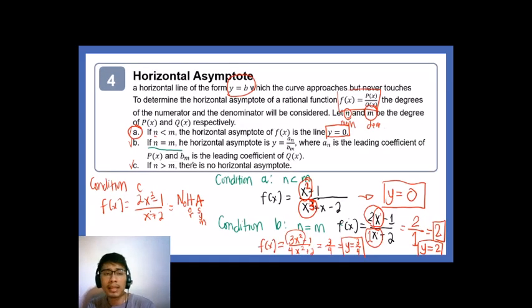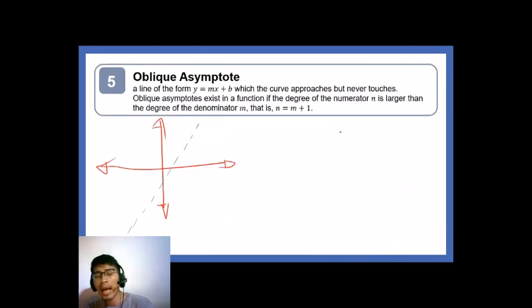As I presented to you earlier, there is a possibility that we don't have a horizontal asymptote. If you don't have a horizontal asymptote, basically you have the oblique asymptote, because in a rational function you have to remember that we only have two asymptotes to consider: either vertical and horizontal, or vertical and oblique.